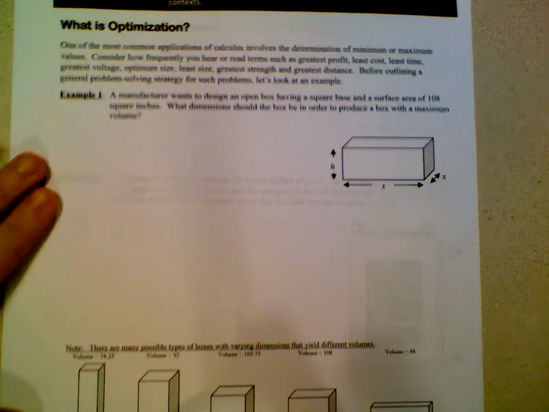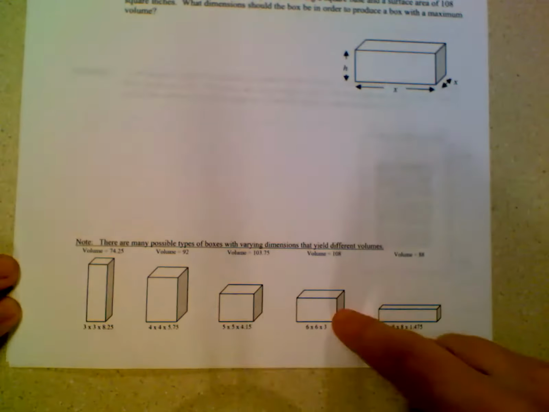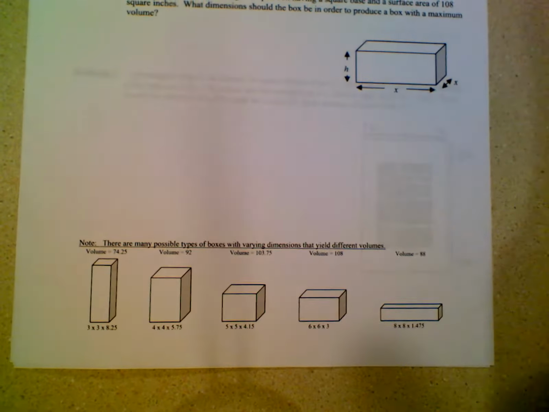So like for example, if we're working with a bunch of boxes, these are all boxes that have the same kind of surface area going on, but they all have different volumes. They're different shapes. And so optimization comes in handy in a lot of manufacturing type situations, jobs, things like that.